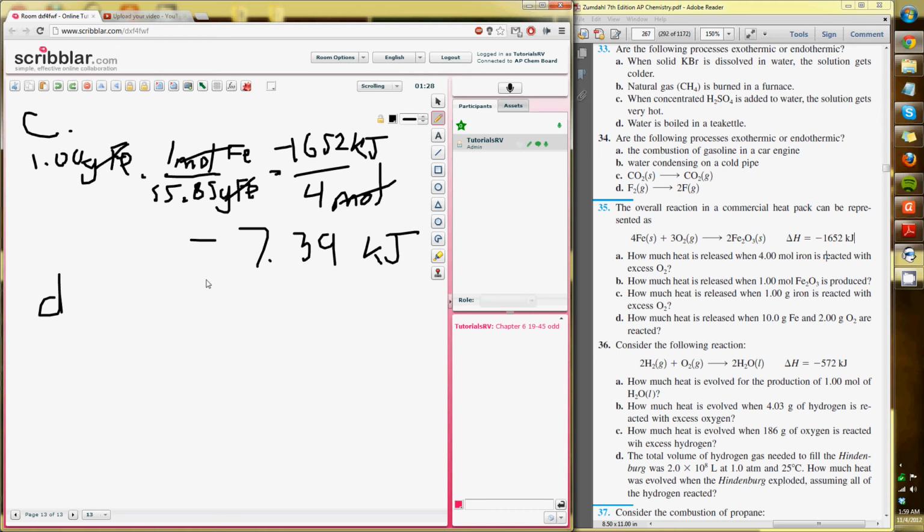D. How much is released when 10 grams of Fe? Oh, okay. So this is a different problem. This is a limiting reactant problem. So you find the limiting reactant. 10 grams of Fe times 1 mole of Fe over 55.85 grams Fe.